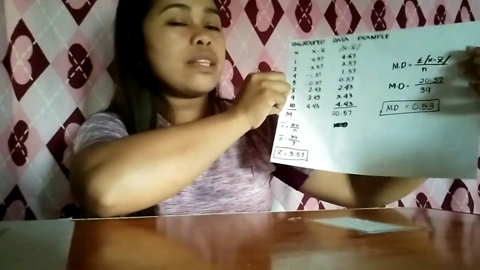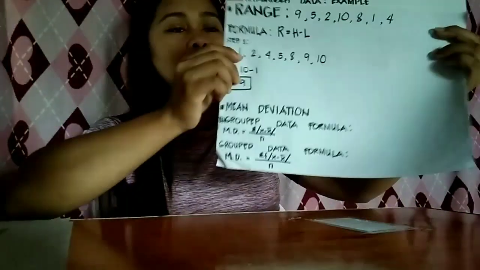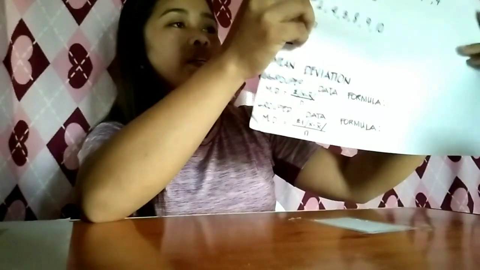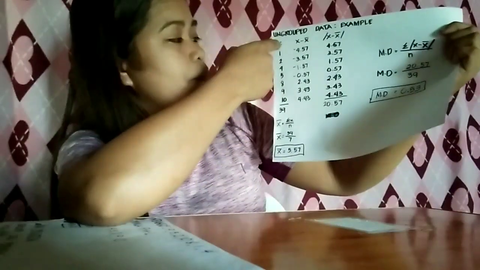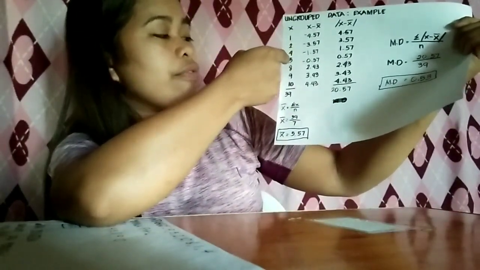Now let's proceed to the example of the mean deviation of ungrouped data. This is the same number set given in the range example. We need to arrange these vertically to get the mean. The x values are 1, 2, 4, 5, 8, 9, and 10.